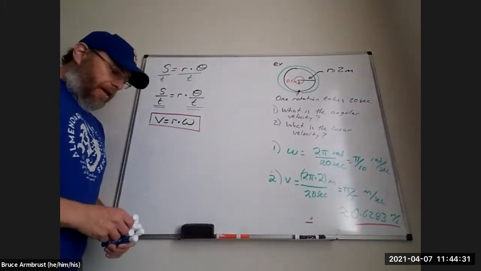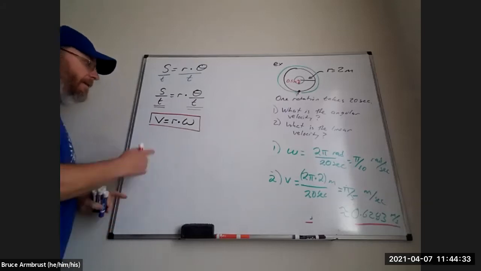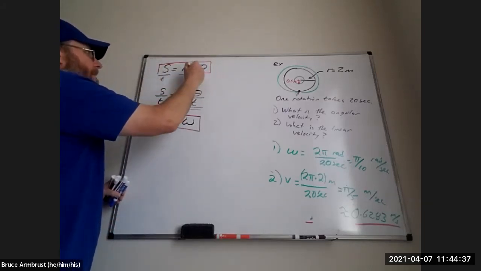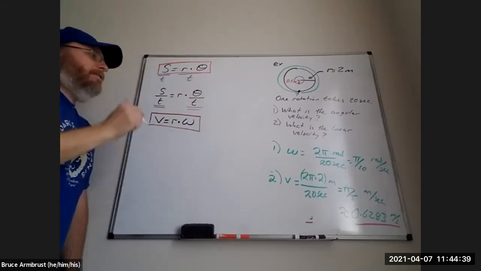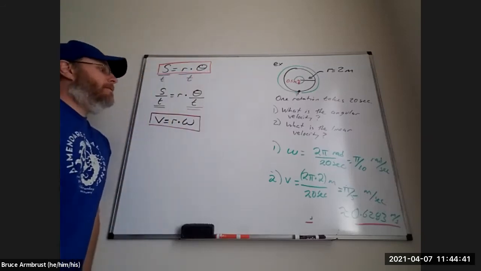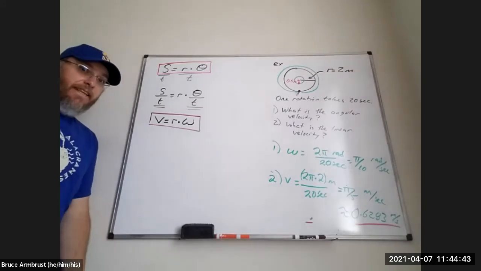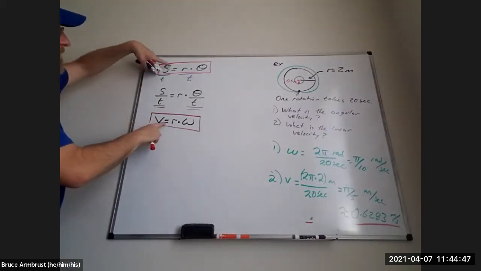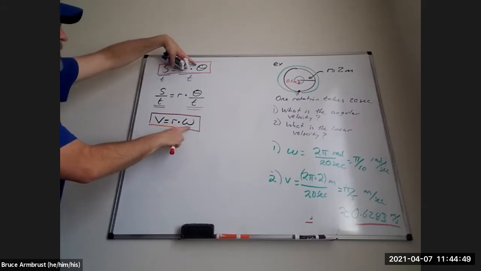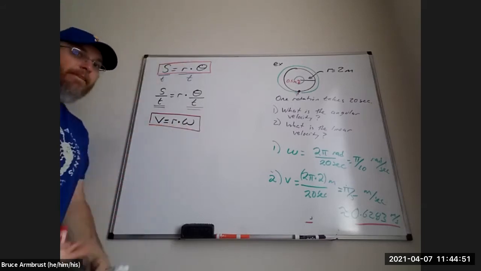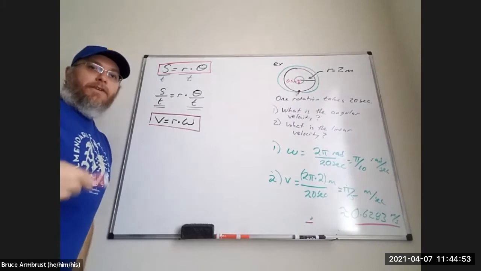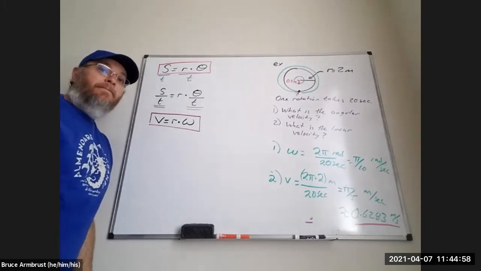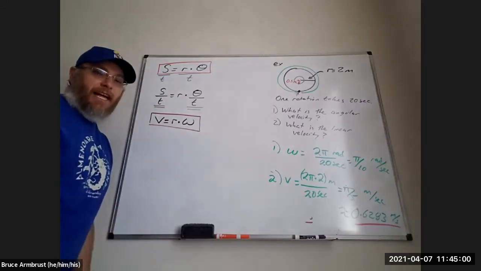The other nice thing about this formula is that it looks a heck of a lot like the one that involved arc length and angle. Notice it's got the same form. Your linear piece is equal to your radius times your angular piece. And if you go further, like if you take physics, you're going to learn about acceleration. Acceleration is your change in velocity with time.